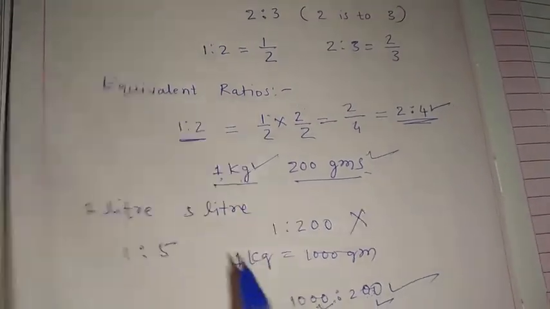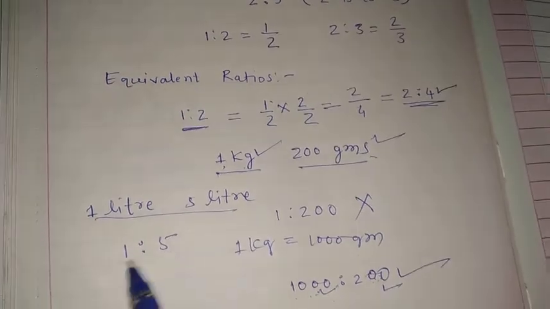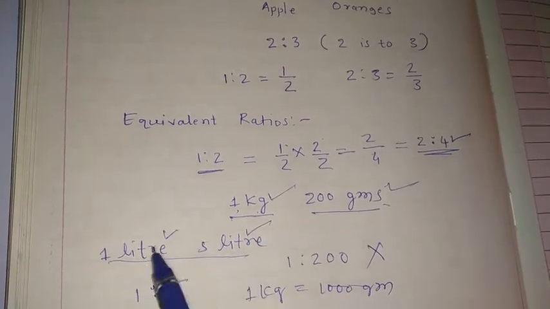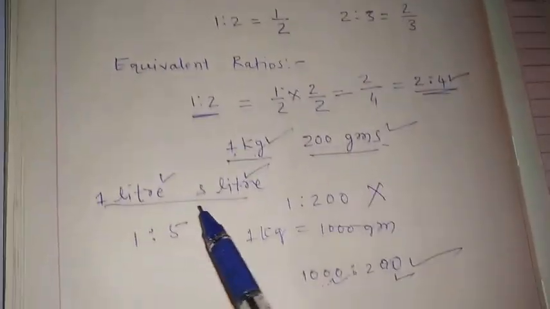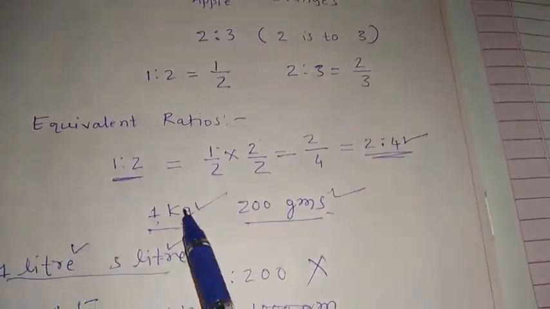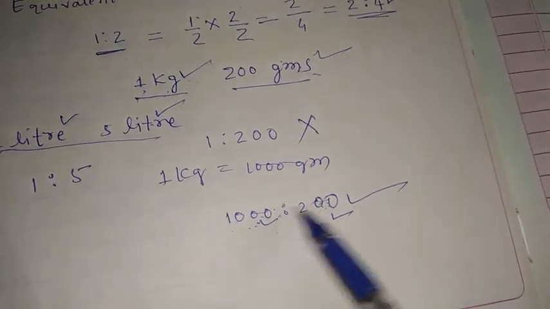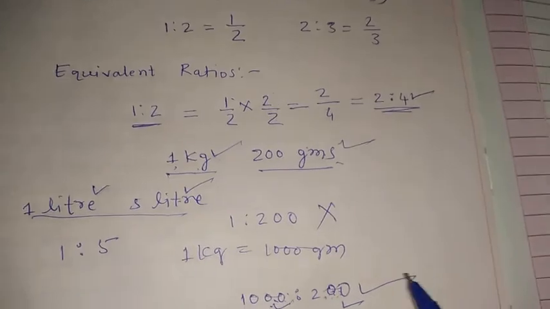We may directly write both these quantities as 1:5, because both these quantities contain the same unit, that is liter. If the units are different, we have to make them the same like this. Understood all of you? Okay.